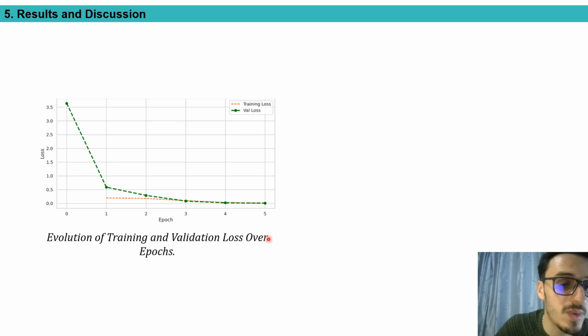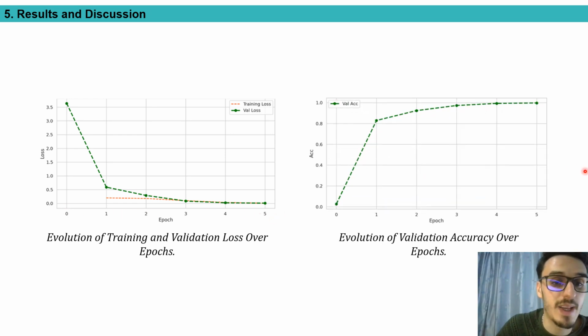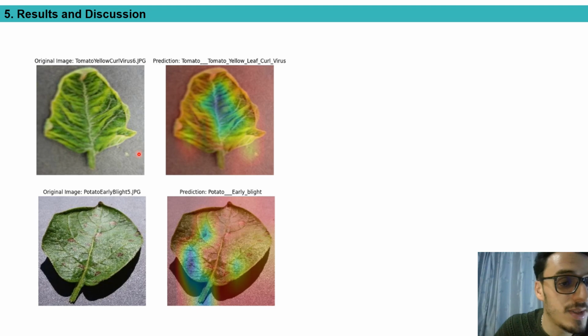As you can see, we used 5 epochs and we achieved a loss of nearly 0%. For the next graph, we have the evolution of validation accuracy over epochs. And as you can see, we achieved an accuracy of 99.73%, nearly 100%, which is very good.